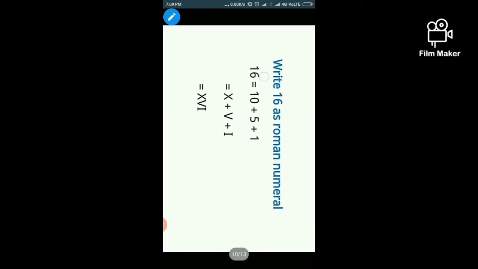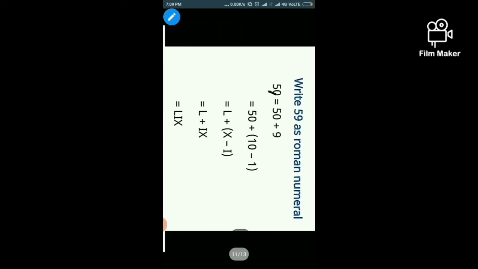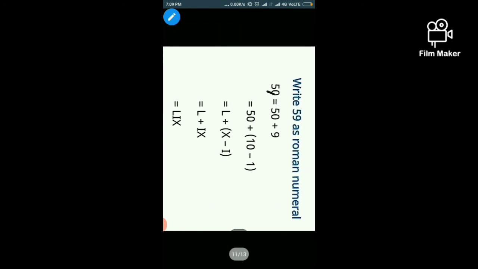Next, here one example is taken. We'll write 16 as a Roman numeral. First we'll break 16 as 10 plus 5 plus 1, and 10 is denoted by X, 5 is denoted by V, and 1 is denoted by I. So its result is XVI. Clear? One more example here, 59.